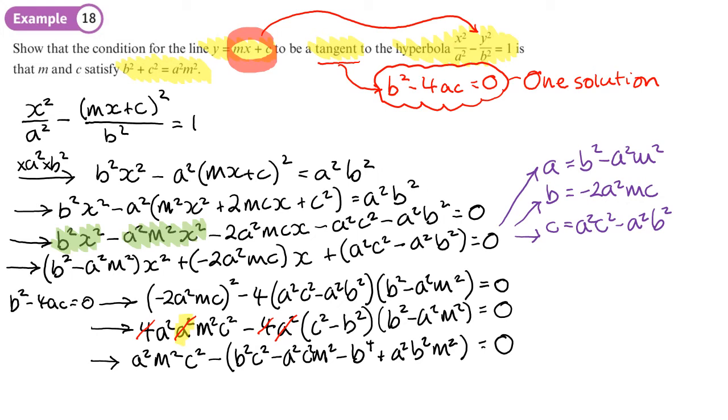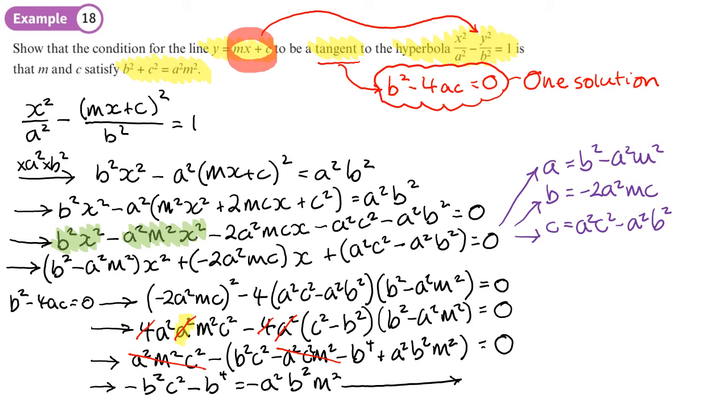Now the a squared m squared c squared is going to go because we're subtracting it from here. So we're almost there, we're not far off. I think I'm going to have to multiply by -1 at some point. But I've got minus b squared c squared, then minus b to the power 4. And then let me move the a squared b squared m squared to the other side.